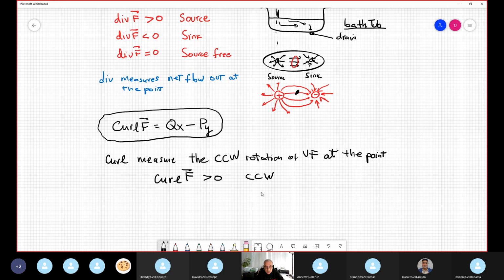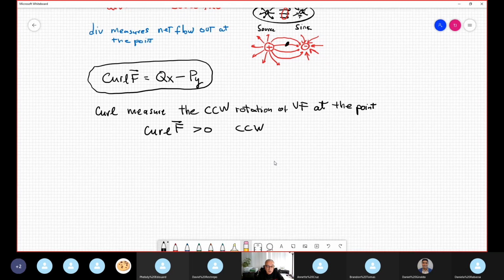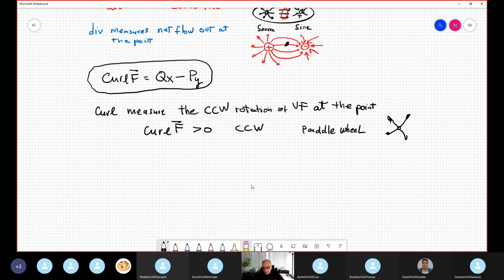And the way to see it in the animation, in real life, is to put a paddle wheel like that. If it rotates like that, this paddle wheel at the specific point rotates counterclockwise, the curl is positive.